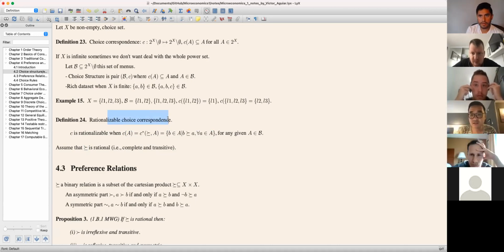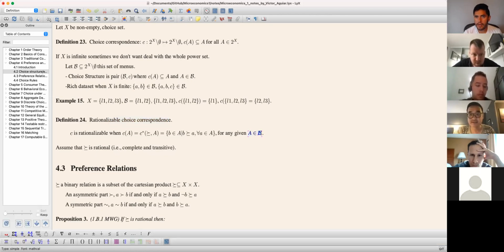In the bracket, B is preferred over A, and I think B in the bracket indicates that B should be a subset of A, and for the other part of this sentence, the latter part, it says for any given A belongs to B. I assume it should be B is a subset of A. No, so calligraphic B is a collection of menus.